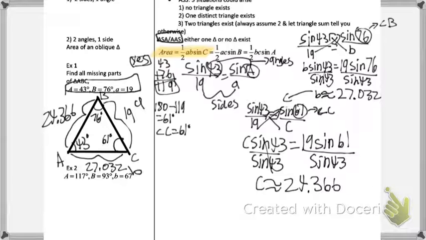So 1/2 times 19 and 27.032 times sine 61.